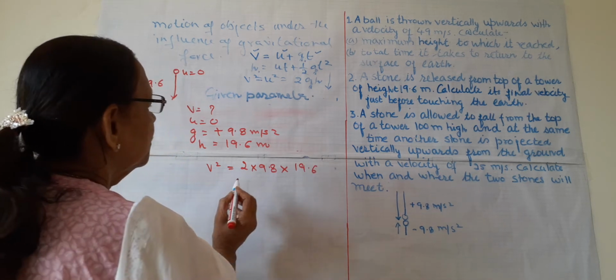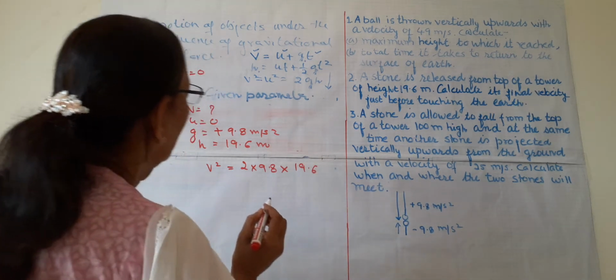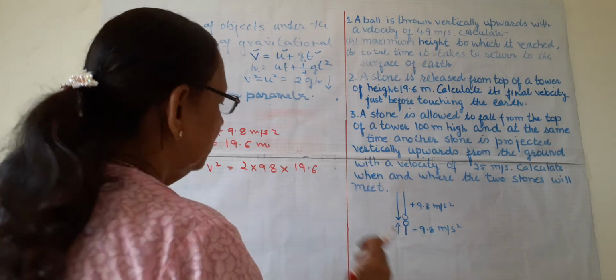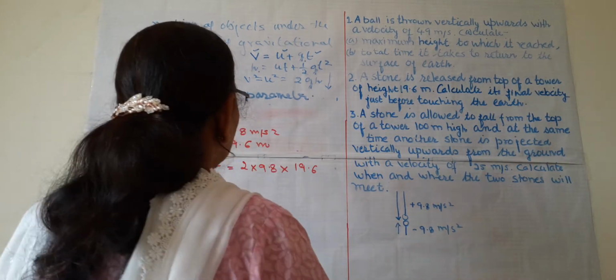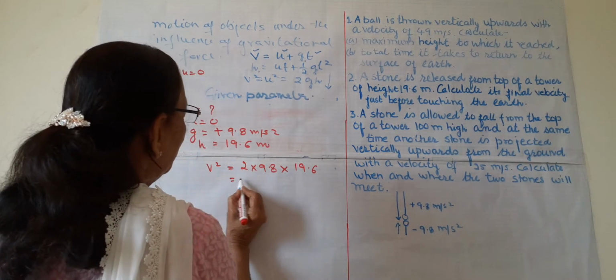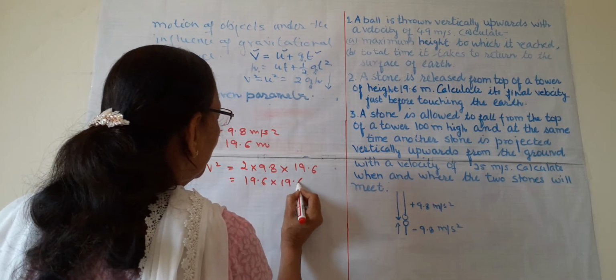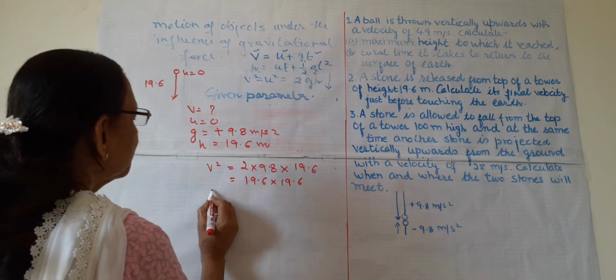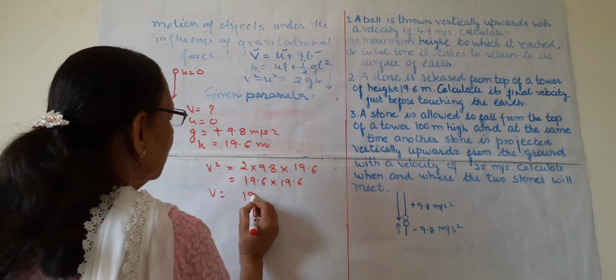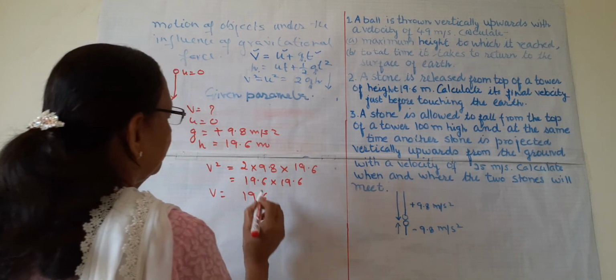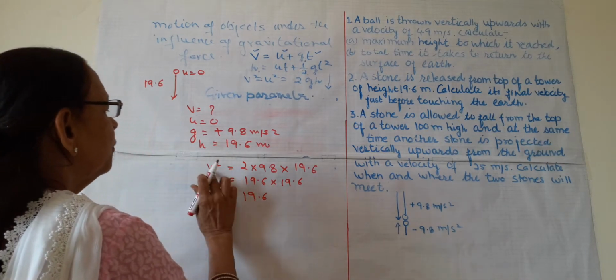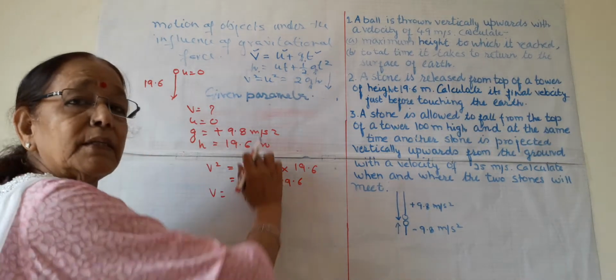H is 19.6. When you multiply these two, it will be 19.6 into 19.6. This is v square, so v square is equal to 19.6 square.